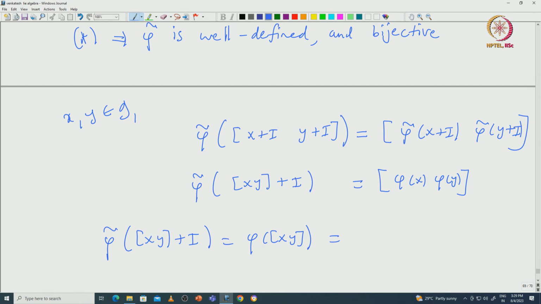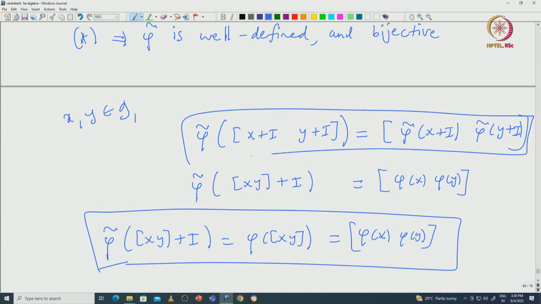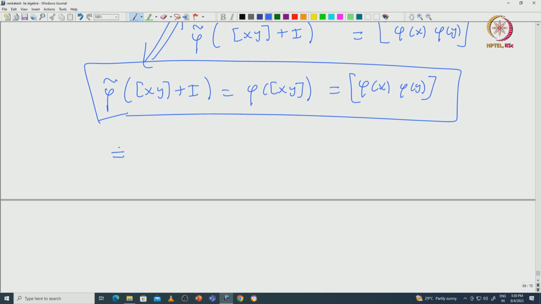So, phi of bracket x y will become bracket phi of x, phi of y. So, that means we verified that phi tilde is a Lie homomorphism. This is what we wanted to verify. So, this is the same as this. Now, this implies phi tilde is a bijective homomorphism.